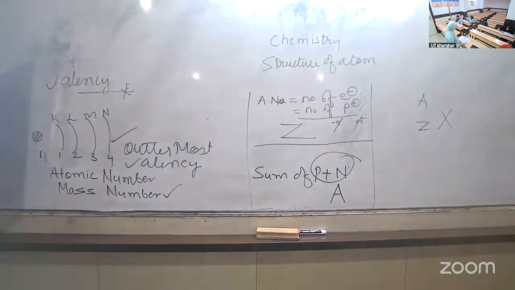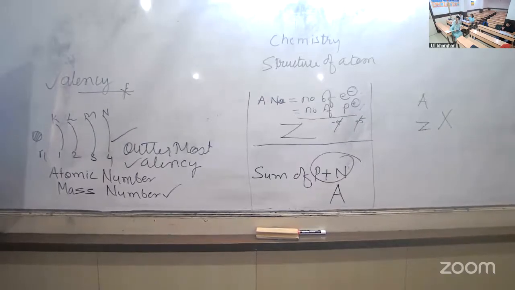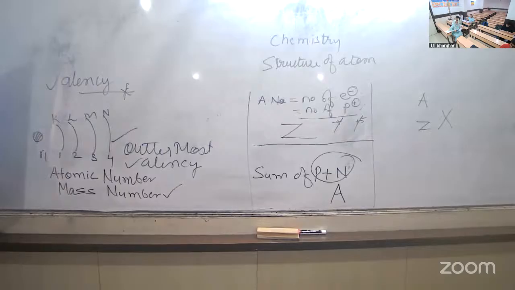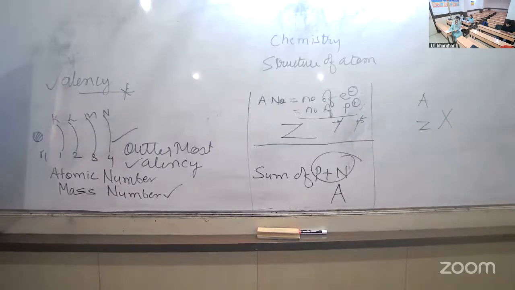Now write down definition. You will write or I have to dictate. Written करो, क्या लिखा है? Atomic number is the number of electrons present in an atom. Okay.